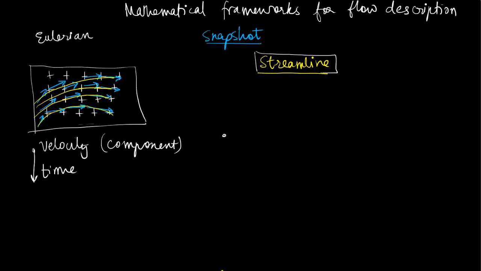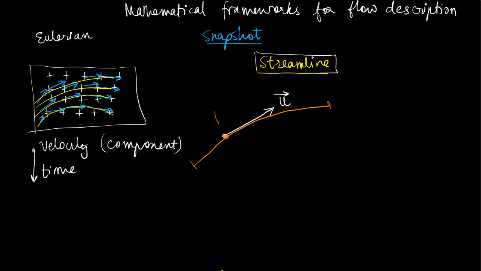So suppose I have a velocity vector like this. I can call it v, I can call it u, doesn't matter. So if I want to find the equation of a line, suppose this is that line, I want to find out the equation of this particular line.